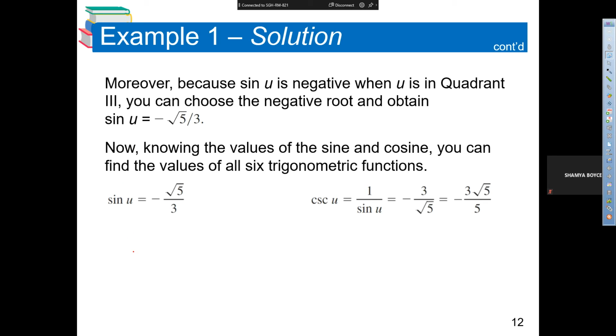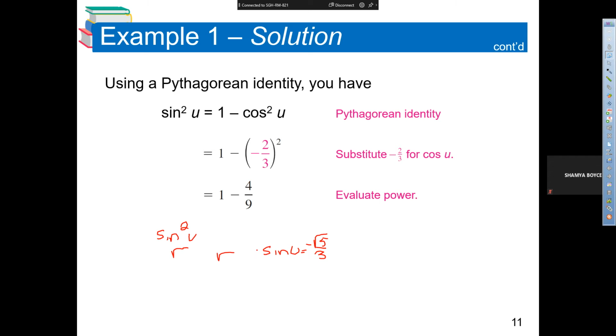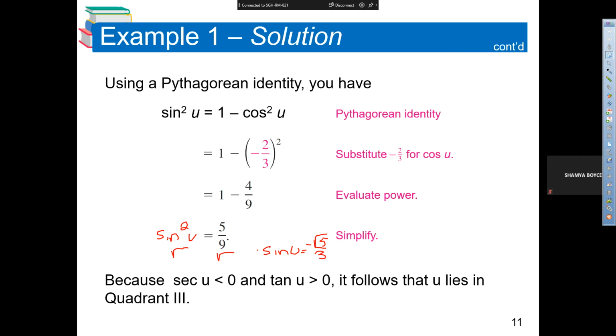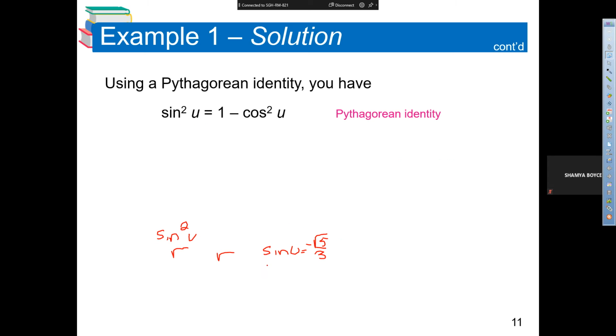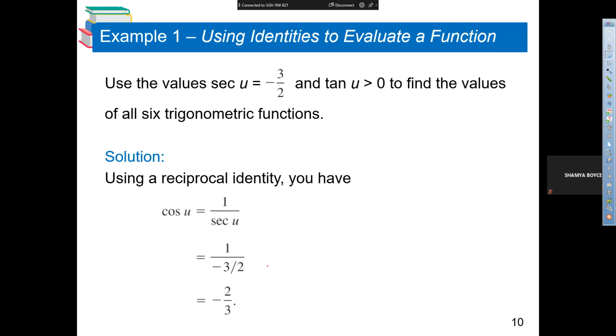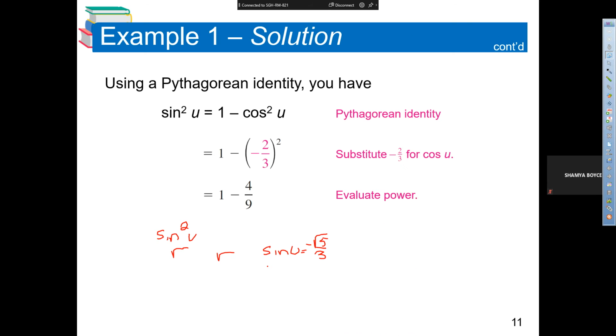So from there, and this is what they're going to do next, tangent of u equals sine of u over cosine of u, which, what did we say the sine of u was? The sine of u is negative square root of 5 over 3. And we said the cosine was negative 2/3.